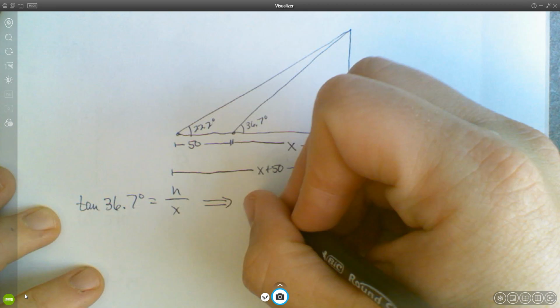So therefore, we can say x tangent 36.7 degrees equals x plus 50 tangent of 22.2 degrees. So x tangent 36.7 is x tangent 22.2 plus 50 tangent 22.2.